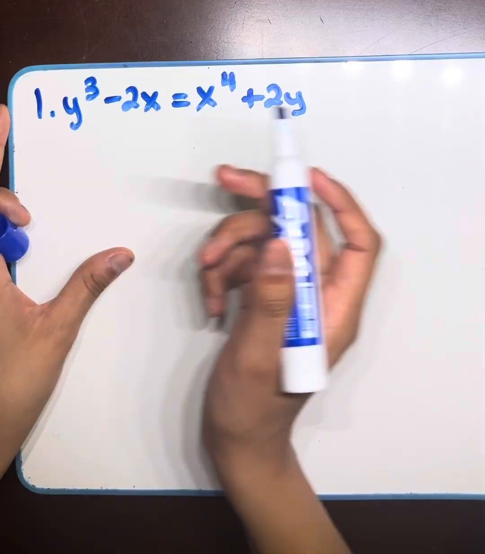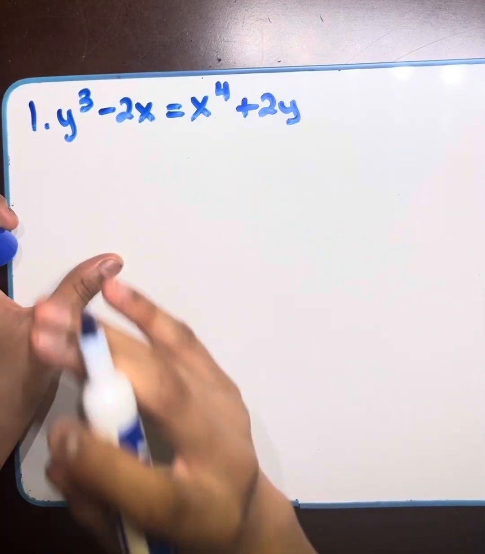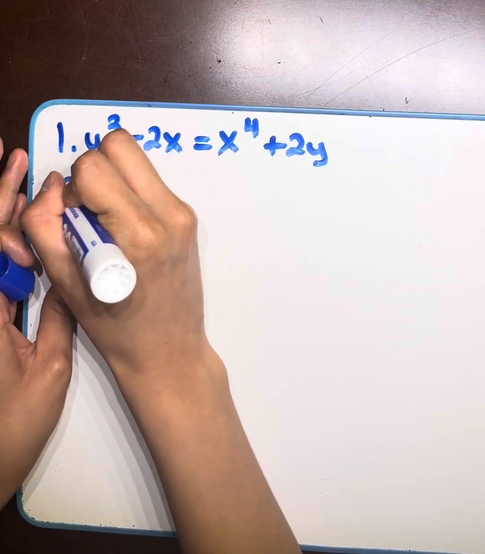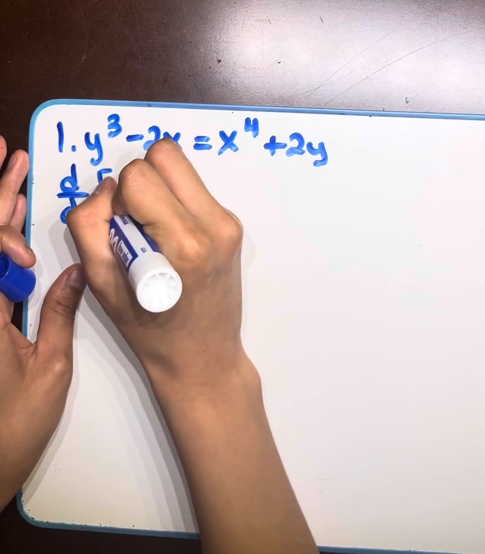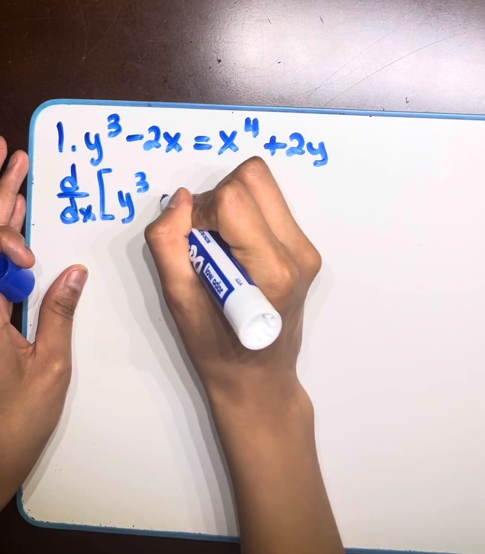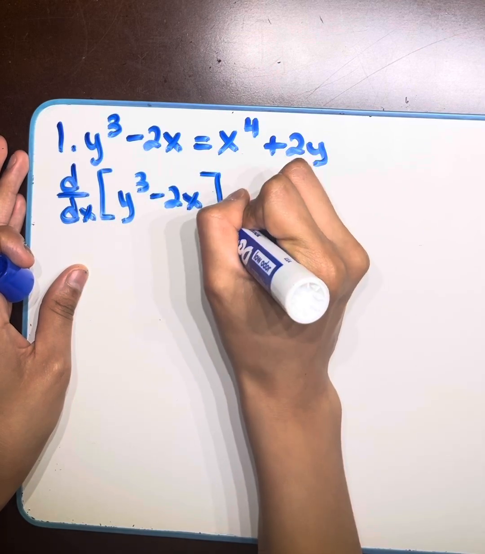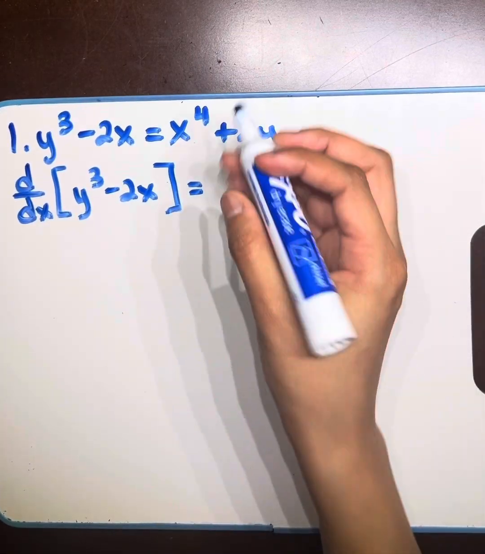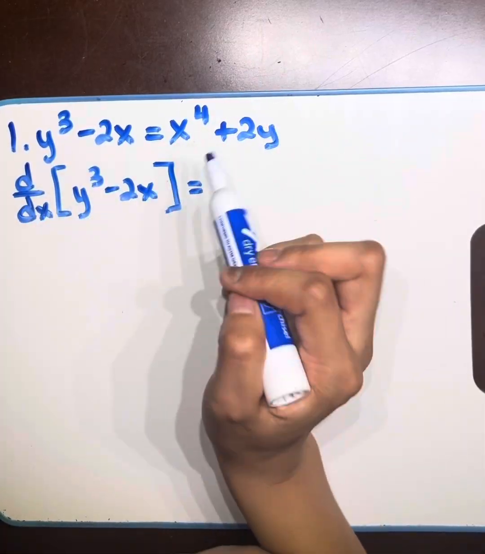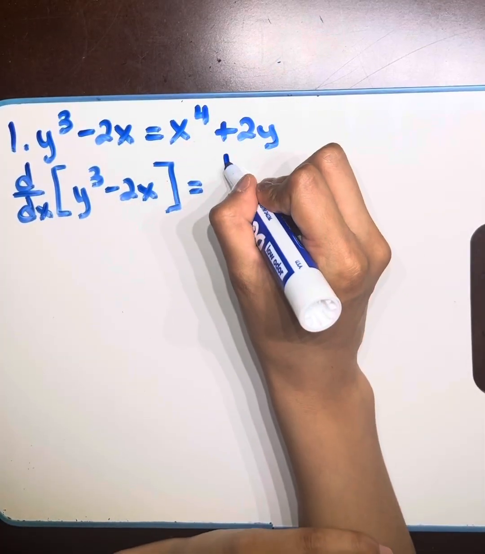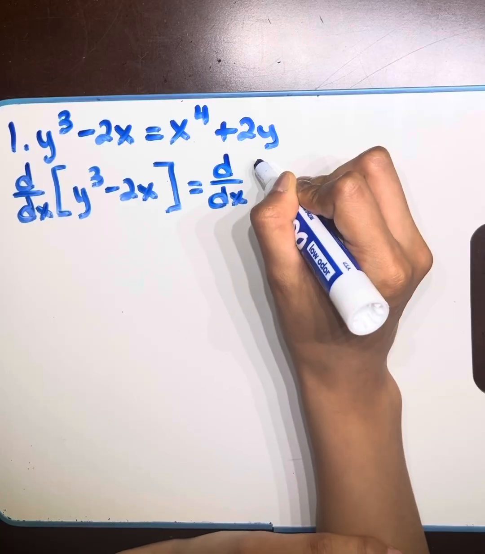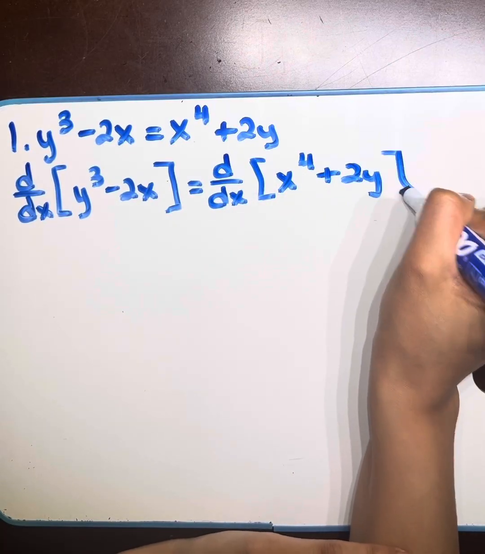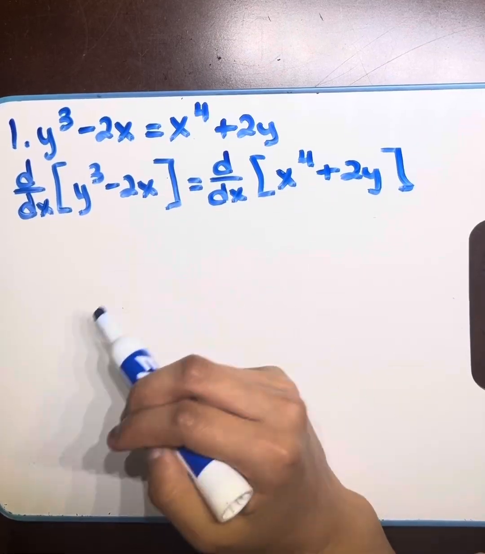We can follow what I've done throughout the first problem, which is to highlight that we're taking the derivative of each term, so we don't forget to add our dy over dx if we're taking the derivative of y. So right now I'm just doing the first process. Okay, now we can take the derivative.